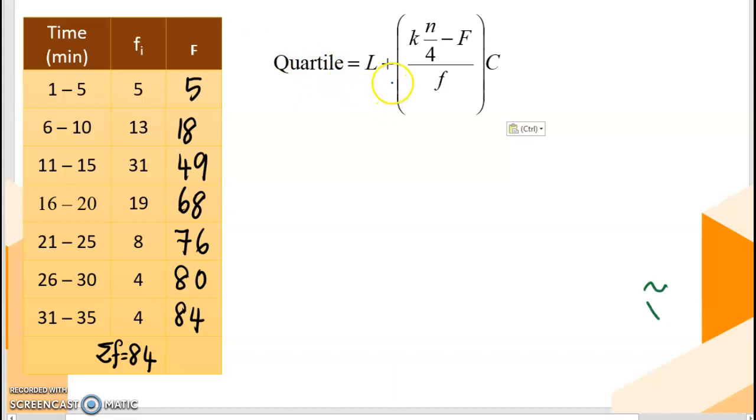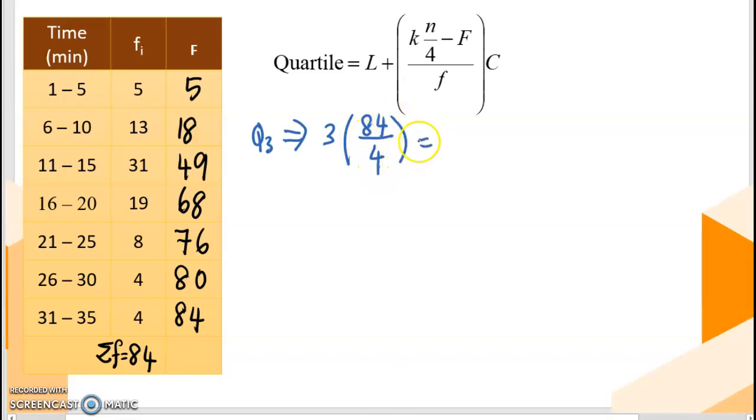Next, we are going to find Q3. The location will be K is 3, n is 84, divided by 4, which is 63. And then we find 63 in the cumulative frequency. So 63 will be here, so the class will be 16 until 20.